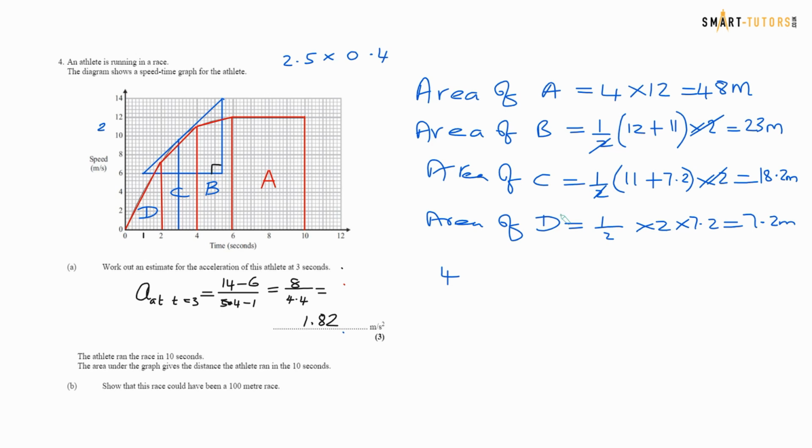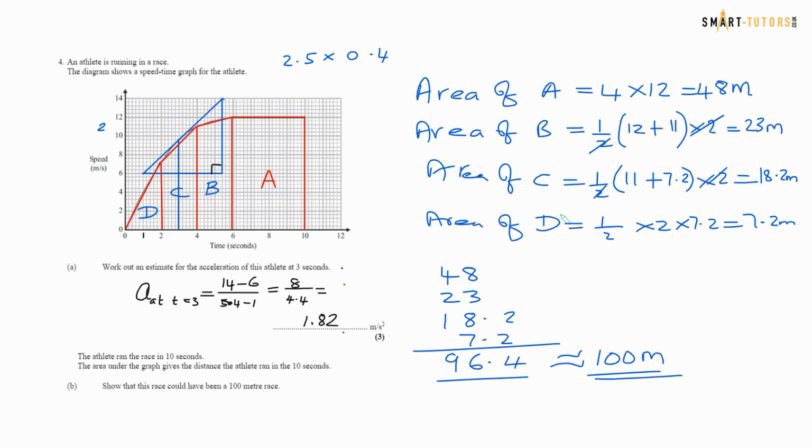So if I add 48, 23, 18.2 and 7.2, which is going to be 96.4. This is roughly 100 meters. So we can conclude the race could have been a 100-meter race.